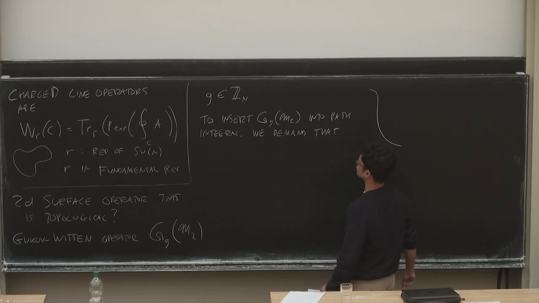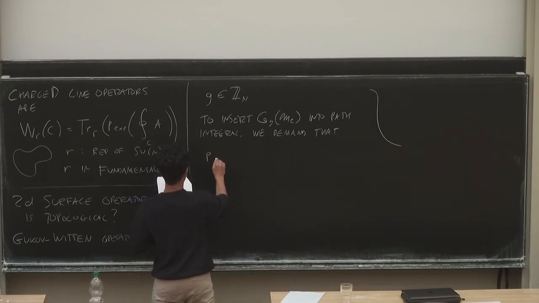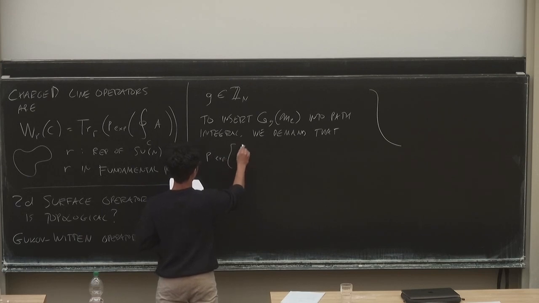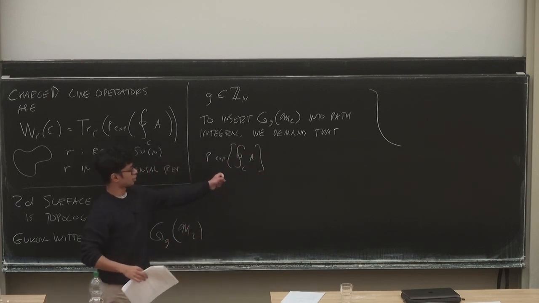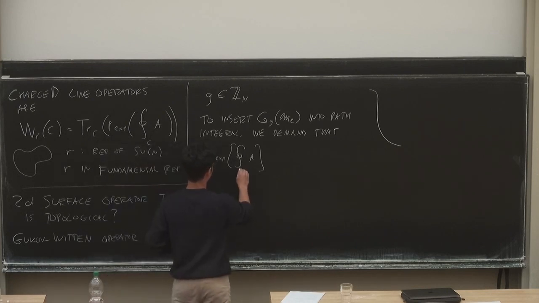So here's some surface. We demand that the path-ordered exponential of the integral of A, in other words, the holonomy of the gauge field on some little circle, sorry, this should be S1, that wraps M2.